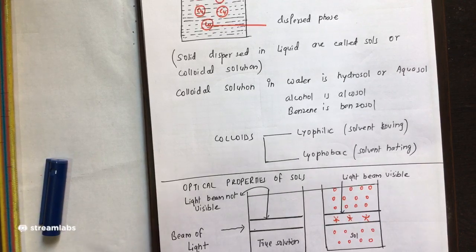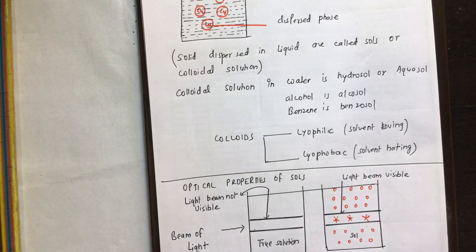What if you talk about gases dispersed in liquid? The example is foam. Gases dispersed in liquid, for example whipped cream, shaving cream, soda water. All these are gases dispersed in liquid and come under the foam category.